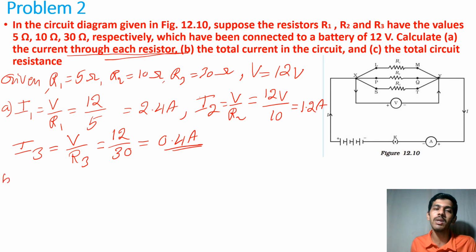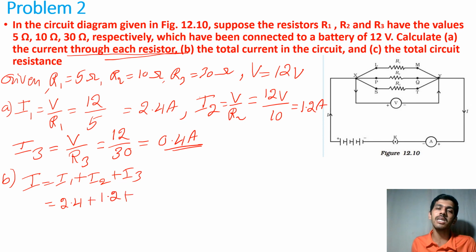So next, sub question B is the total current in the circuit. How to find out the total current? Total current I is equal to the sum of the currents I1 plus I2 plus I3. We have found the value of I1 already, that is 2.4 plus I2 is equal to 1.2 plus I3 is equal to 0.4, which is equal to 2.4 plus 1.2 is 3.6. 3.6 plus 0.4, it is equal to 4 amps.